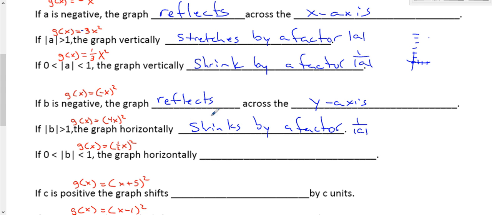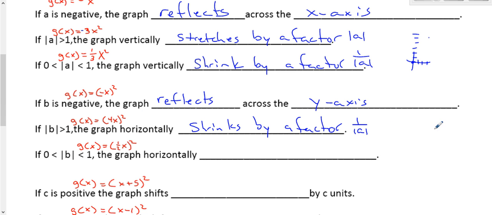So it's the opposite of what you would do if the values are on the outside of the function. Up here when we had 3, it stretched by a factor of 3. Down here, when I have this 4 that's on the inside, it would shrink by a factor of 1/4.